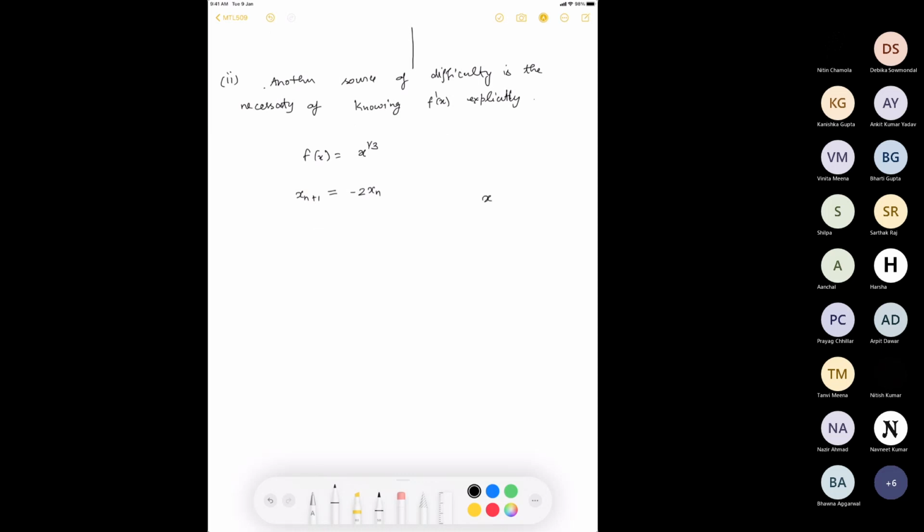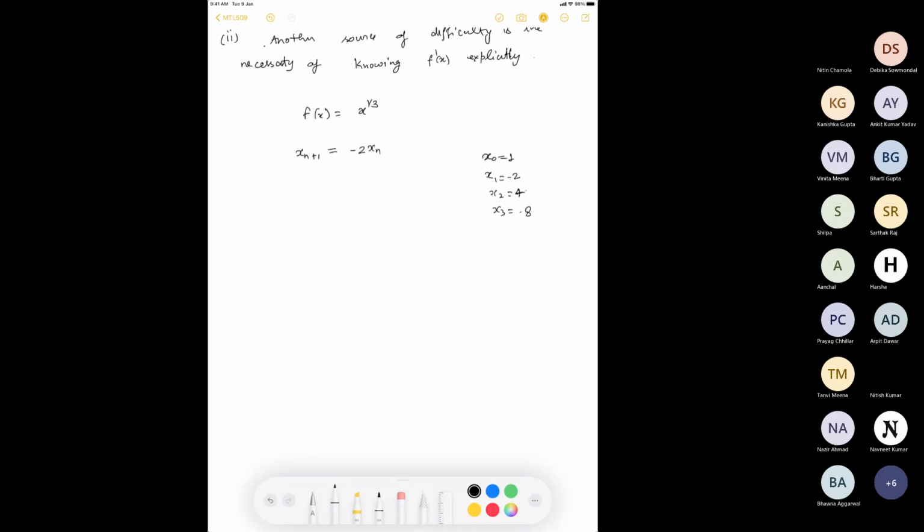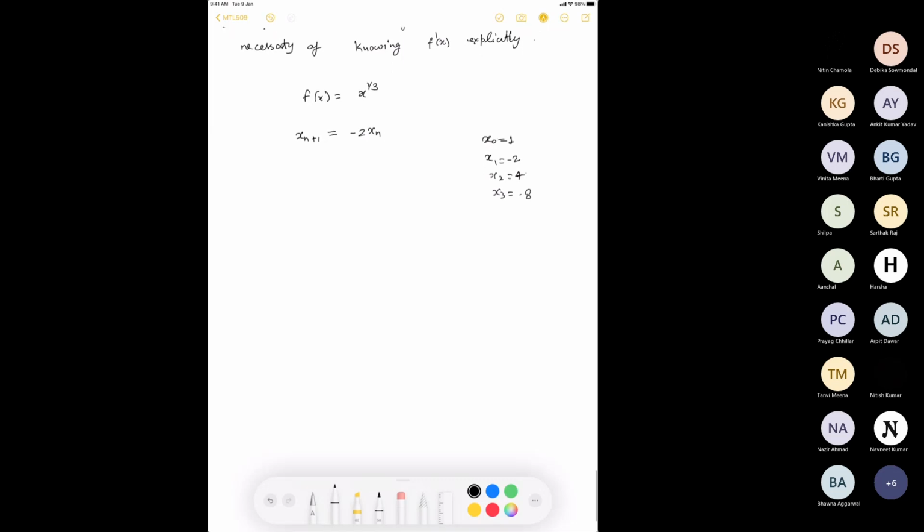If you start with, say, x0 is equal to 1, x1 is going to be minus 2, x2 is going to be 4, x3 is going to be minus 8. So you will get a sequence of iterates which is not going to converge to 0, because 0 is the root of this f(x), right? So if your function itself is not differentiable at the x star, then of course you cannot apply this method, right?